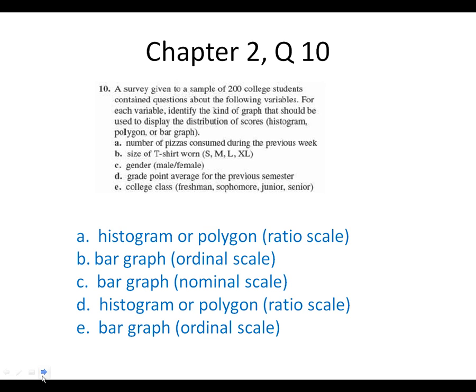Whereas D is a grade point average. That is a ratio scale, like there's a continuous number. So you want to use a histogram or a polygon, just like you did in A. And a college class is just an ordinal scale. You're a freshman, a sophomore, a junior, or a senior, or like you guys, grad students. So you want to use a bar graph.